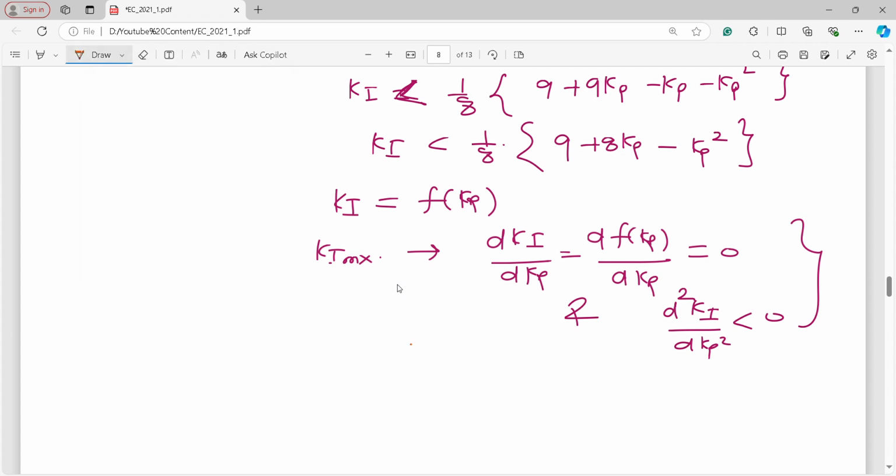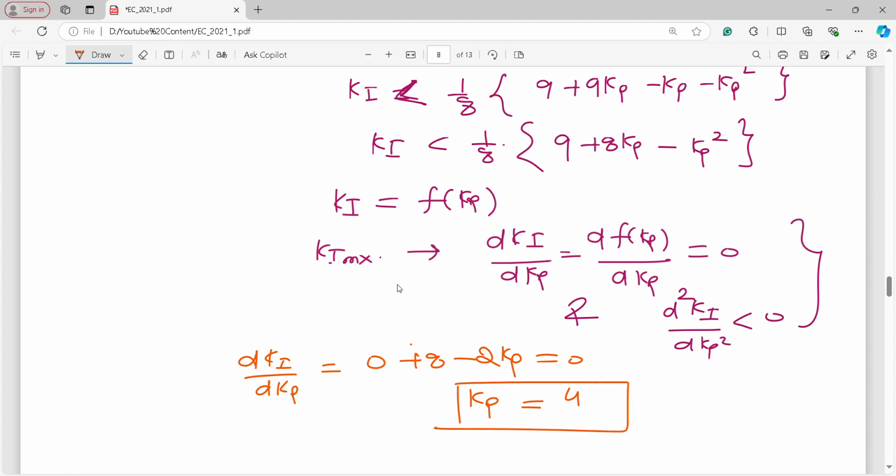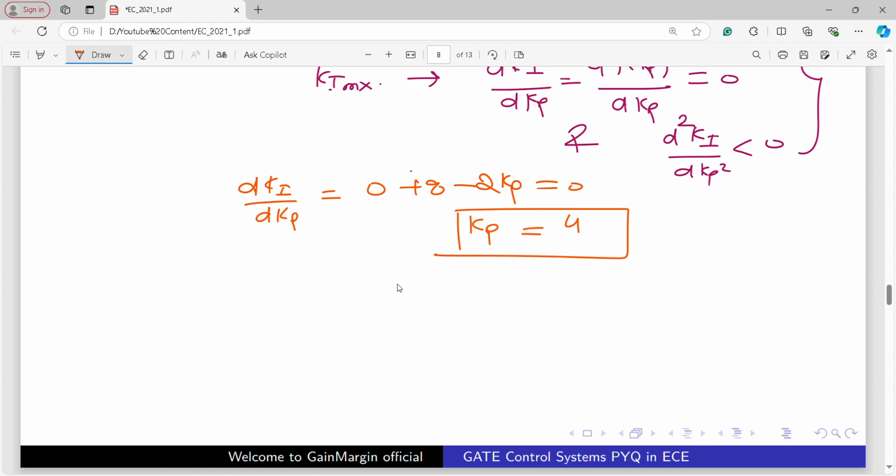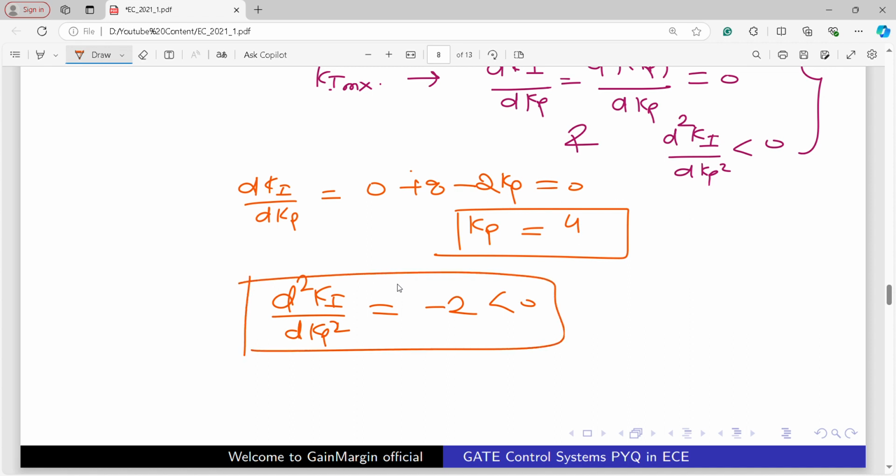So what is dki by dkp equal to? This is 0 plus 8 minus 2 kp equal to 0, so kp is equal to 4. And the double derivative should be negative, so it is minus 2, which is less than 0. So this implies that at kp equal to 4, our ki value will be maximum.